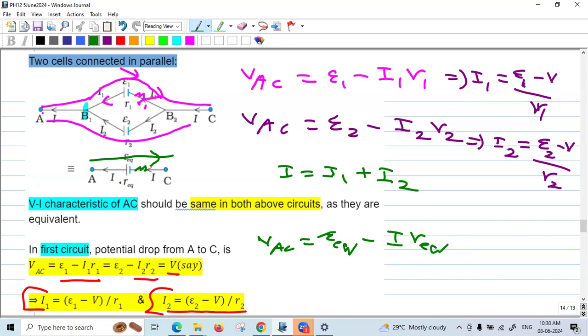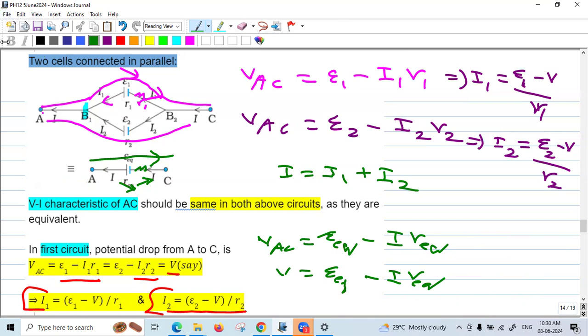There is a drop across the cell, and for the resistance I'm going against the direction of current, so there is a rise. The net drop is drop minus the rise. So V equals E equivalent minus I R equivalent.